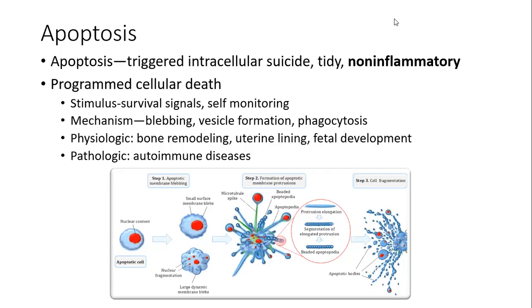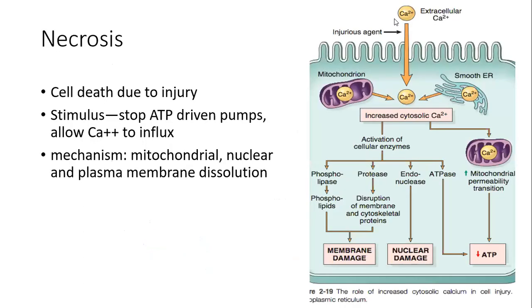The cell shrinks, rounds up, and forms blebs, which attract a phagocyte. Then the cell fragments, and parts of the cell organelles can be reused. What's nice about it is that there's no triggering of the inflammatory response, so there's no surrounding cell damage.